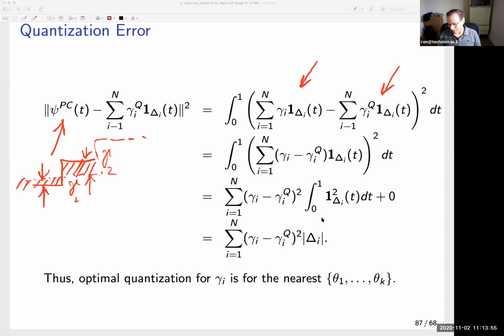And what we see is that we need at each and every interval to simply subtract one number from the other, okay? And if we do that, then what we end up having is summing over the quantization levels at each and every interval times 1, okay? Just get rid of that.